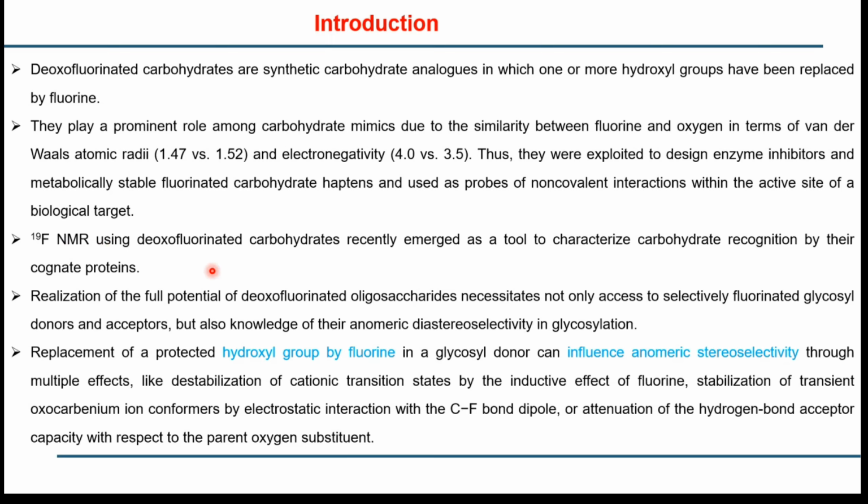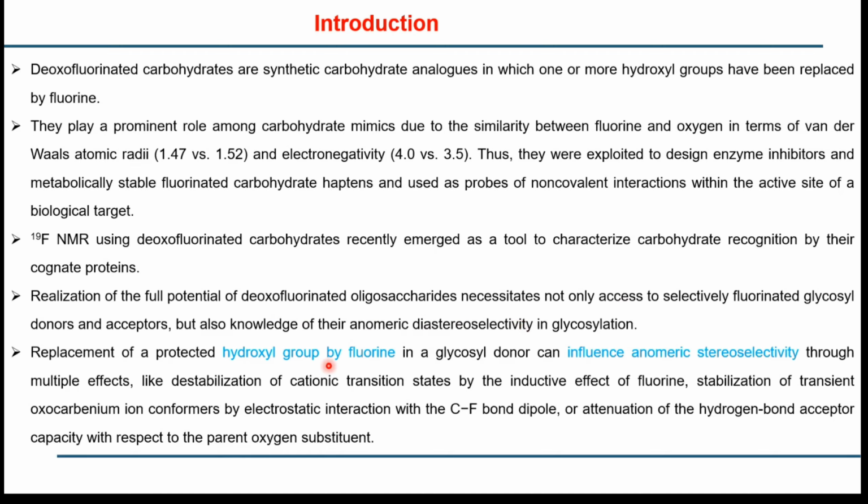So to synthesize that fluorinated carbohydrate sugar, we have to know not only the reactivity and the selectivity of the donor and acceptor, but also what will be the outcome of the anomeric stereoselectivity in the glycosylation.